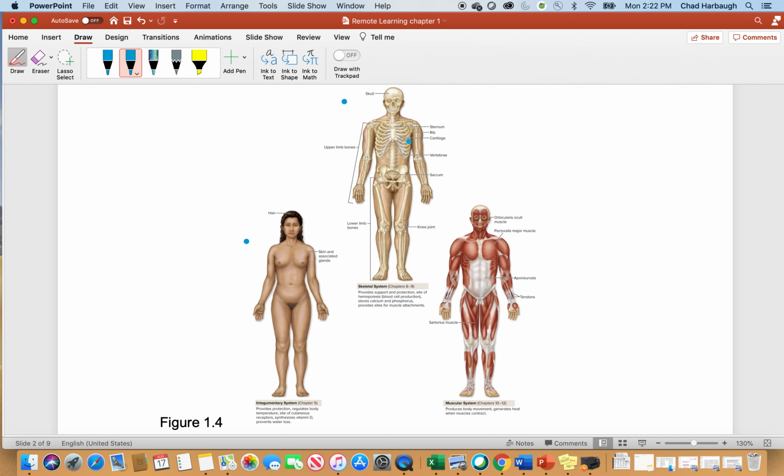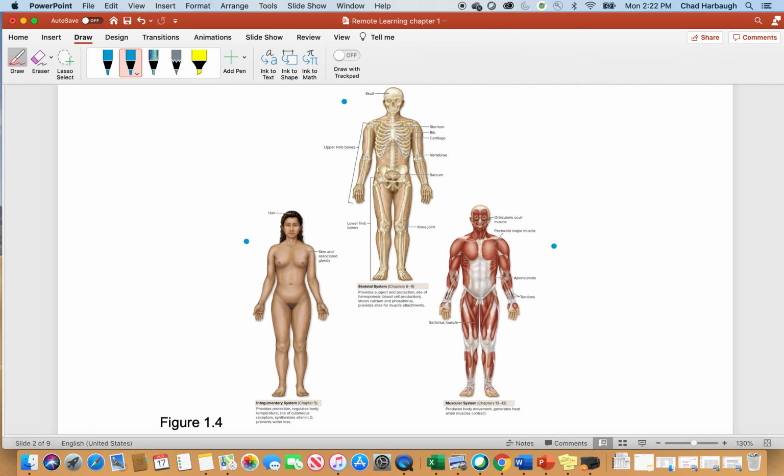When we look at the skeletal system in detail, we'll see different types of bone structures, such as long bones, short bones of the wrist, and irregular bones, such as the vertebrae. The next system is the muscular system.